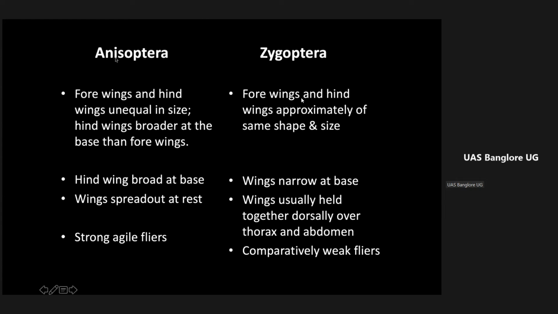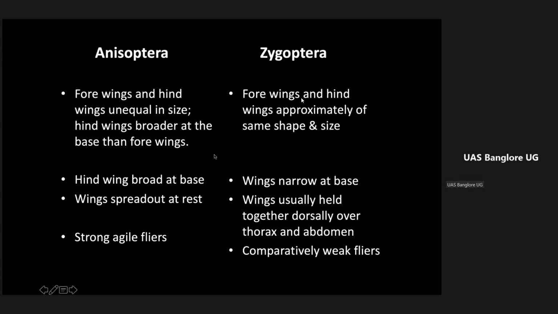So what is Anisoptera, what is Zygoptera? In Anisoptera, forewings and hind wings are unequal in size, whereas in Zygoptera forewings and hind wings are of the same size and shape.